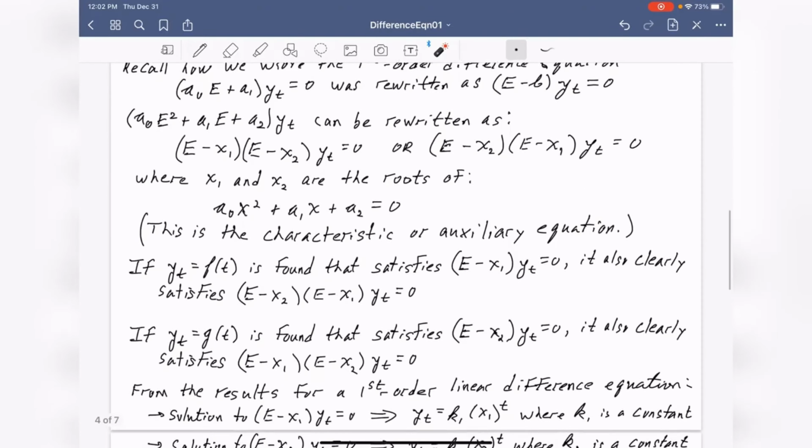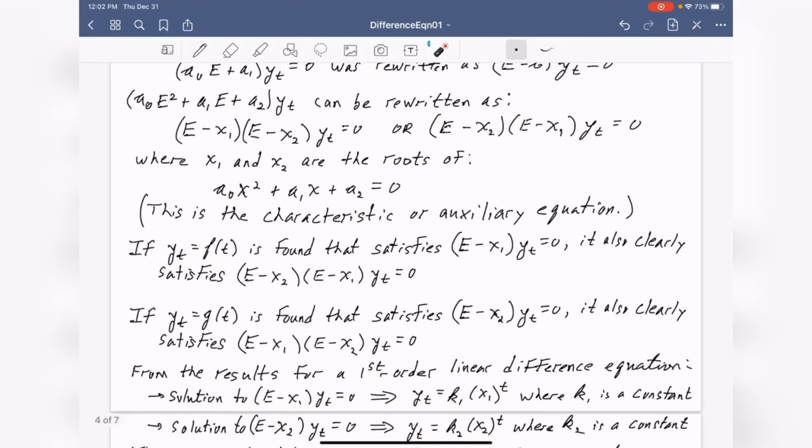So if yt as a function of t is found that satisfies this equation, it also clearly satisfies the other equation. Notice the difference here, x1 up here, x2 here. It clearly satisfies this equation for the simple reason that if this part is 0, then this whole equation will be 0.